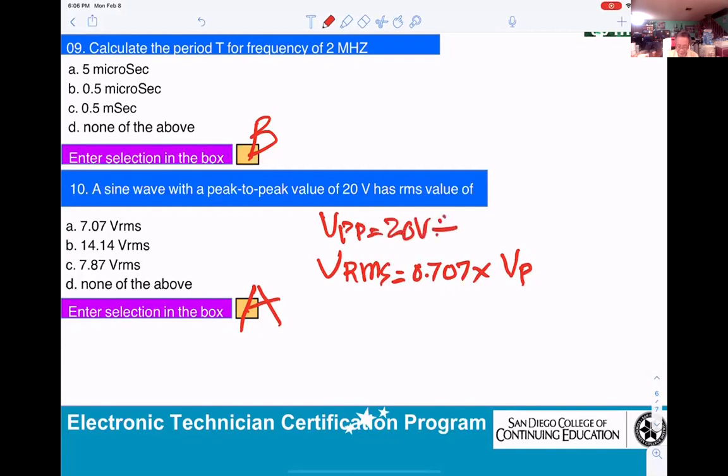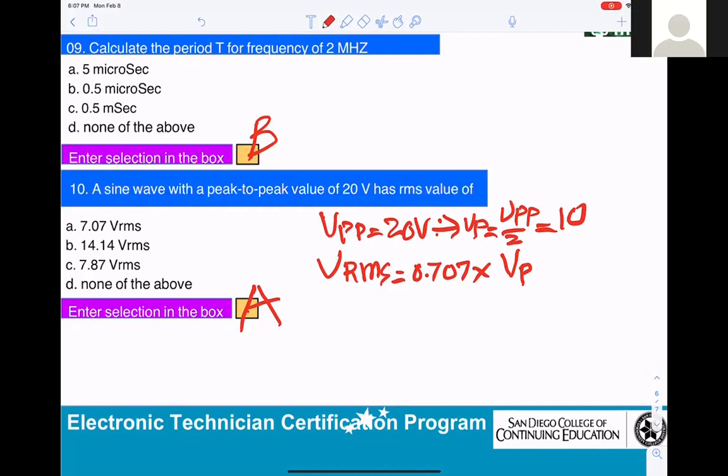So we pick a half: peak to peak divided by 2, you get 10. That's why you get 0.707. Yep, that's correct. If you get 7/10 correct, you're okay. But for perfect, I want 10/10.